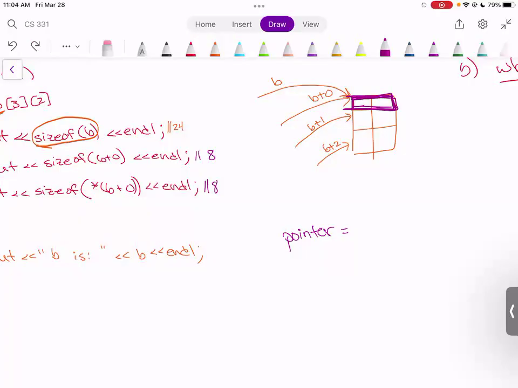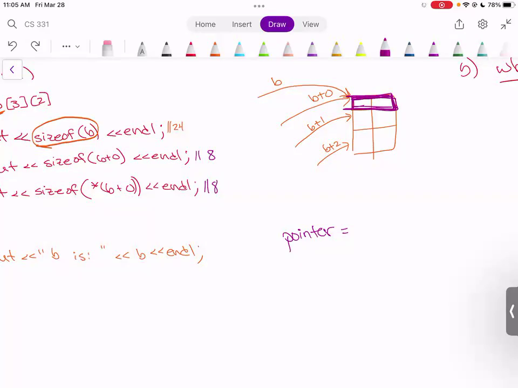So, give me 1 sec. Depending on the system you use, sometimes it considers integers to be 2 bytes, sometimes 4 bytes, but then that affects everything else. So it depends if you use a 32-bit PC or a 64-bit. I think for his purposes, integers are 4 bytes always.